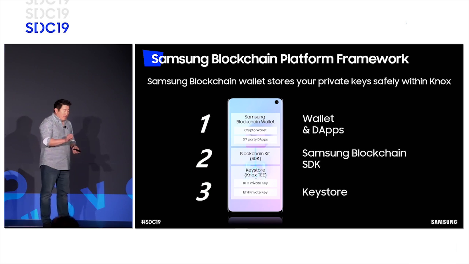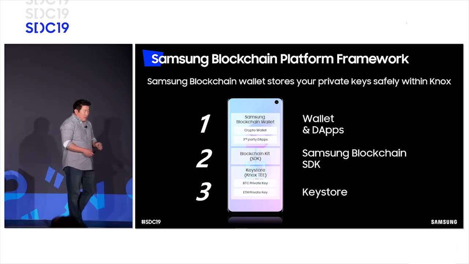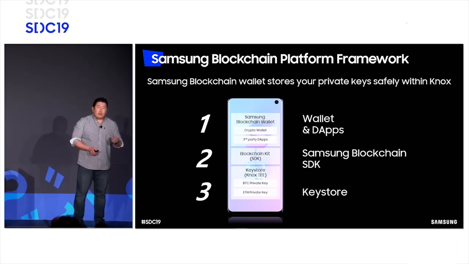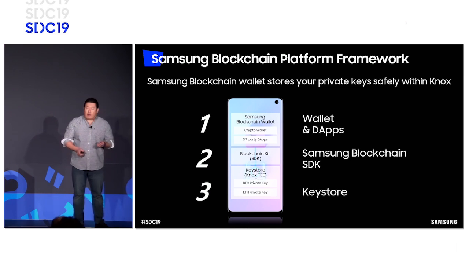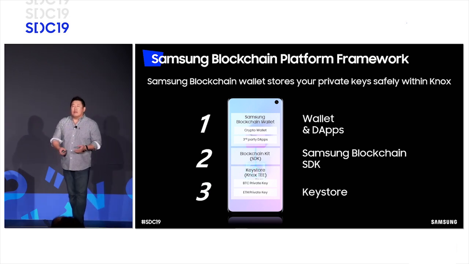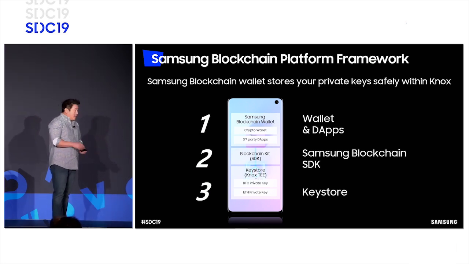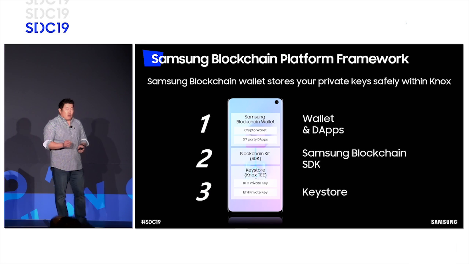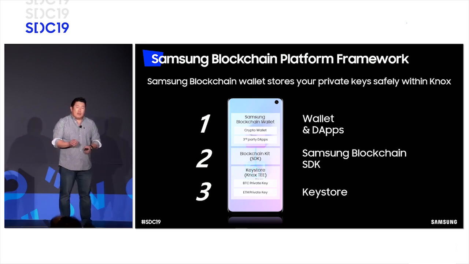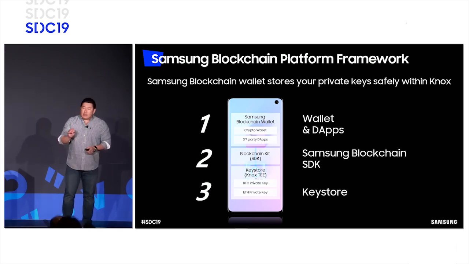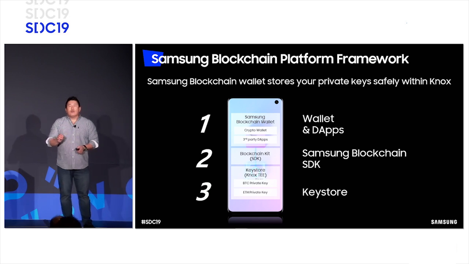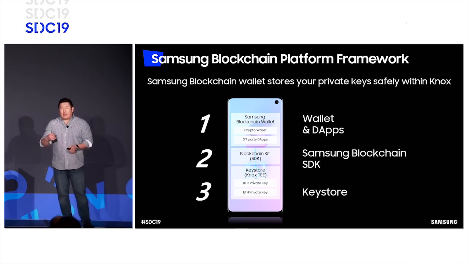But the real critical difference is number 3. Number 3 is our keystore. It goes back to what you heard in the main room when Terry spoke about what Knox is and the benefits of Knox. If you take a look at this particular slide, you'll see that your private keys are stored in a secure place. It is within Samsung Knox, and Samsung Knox is a wonderful technology, and it's the root of all of our business when it comes to regulated industries, financial institutions, and governments.